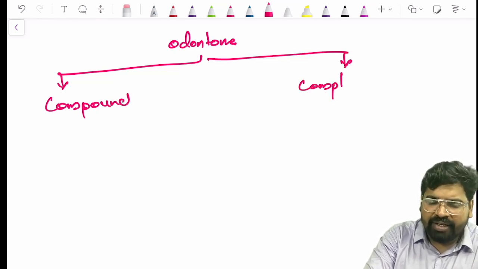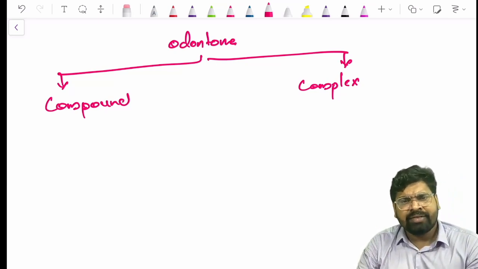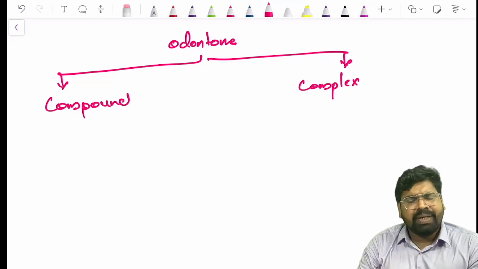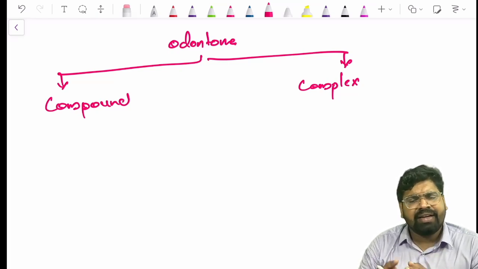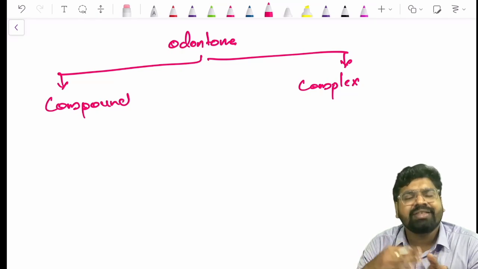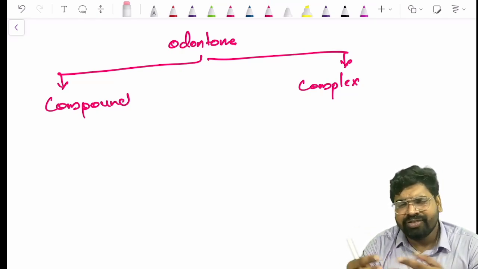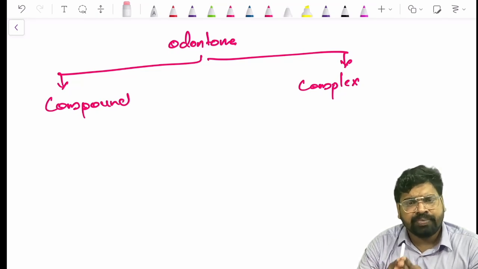Now you may have seen the term composite used in some textbooks: composite odontomas. Composite just means that it is a mixture of enamel, dentin, cementum, and usually pulp tissue also.